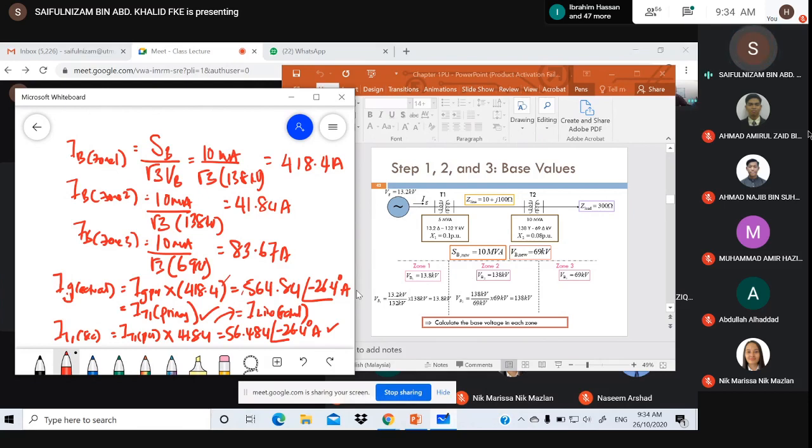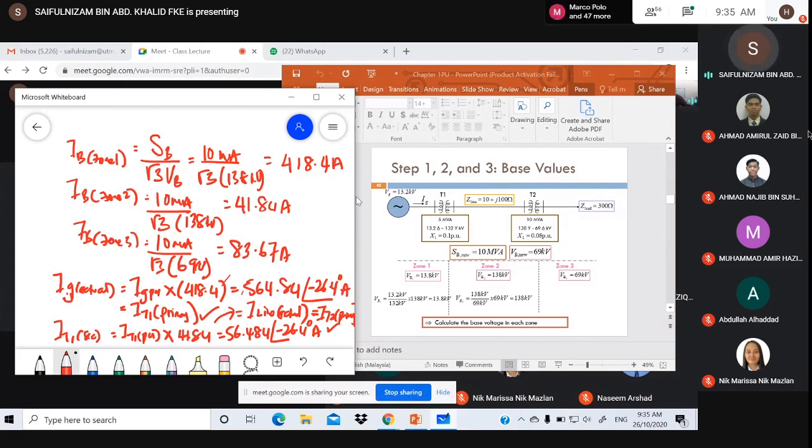This one also equals I T2 primary, right? The actual current of T2 at the primary is the same as the line current and also the secondary current of T1.